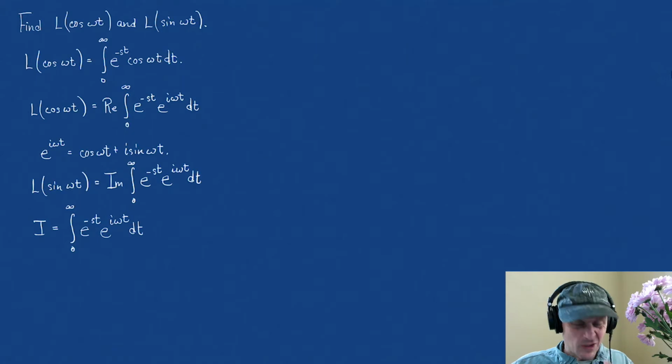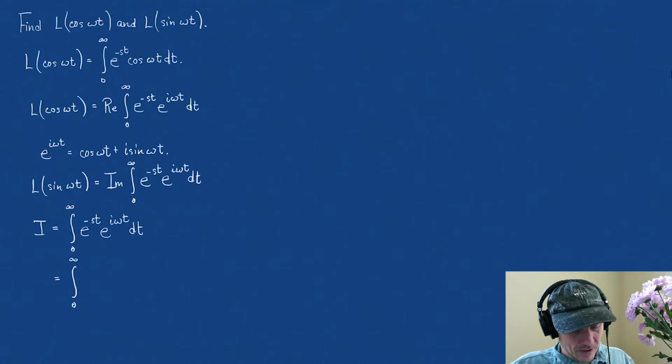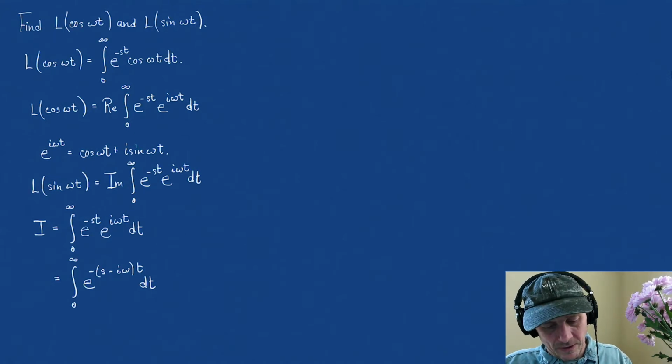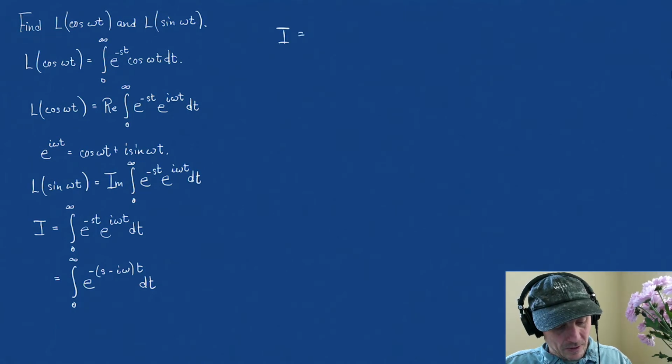All right, start out by adding our exponents. This is the integral from 0 to infinity of e to the minus, this is going to be an s minus I omega, t dt, and then we can evaluate that. This is going to give us, so capital I, our integral is now equal to, or now we can just multiply.